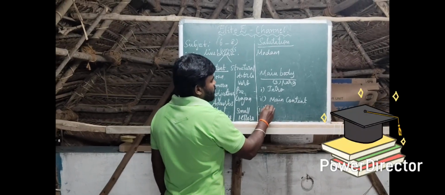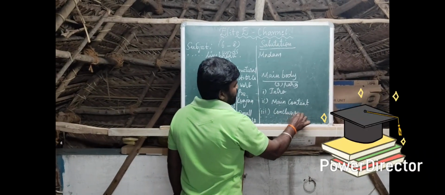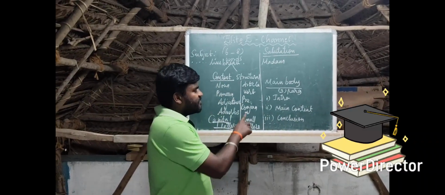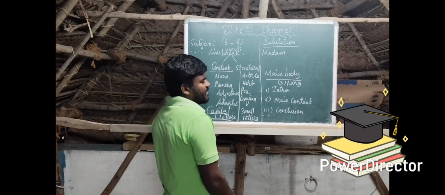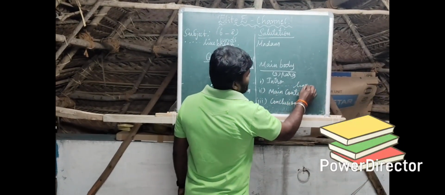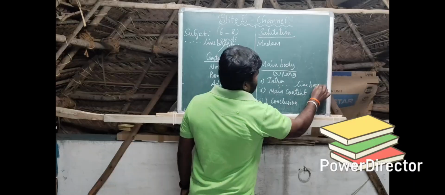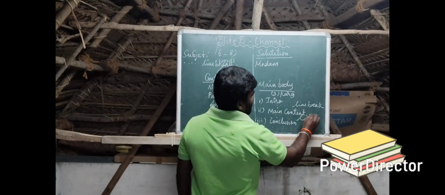The third paragraph is the conclusion paragraph. After completing all the 3 paragraphs, there will be a line break after each and every paragraph. Line break. Here also a line break.